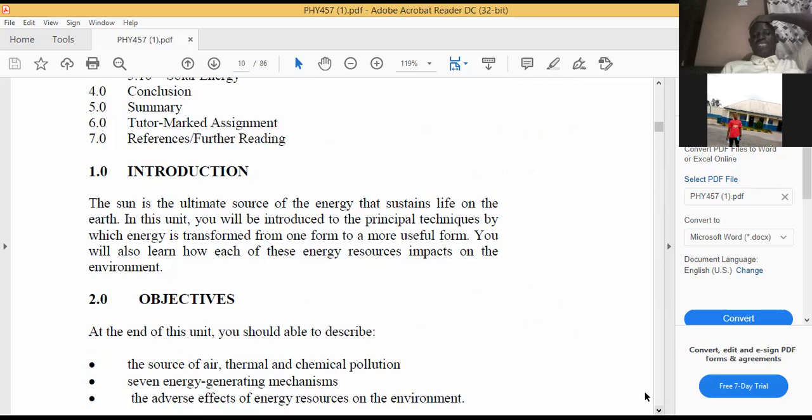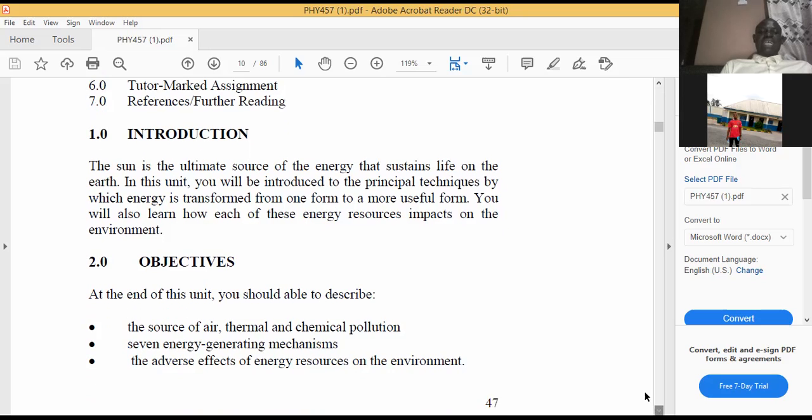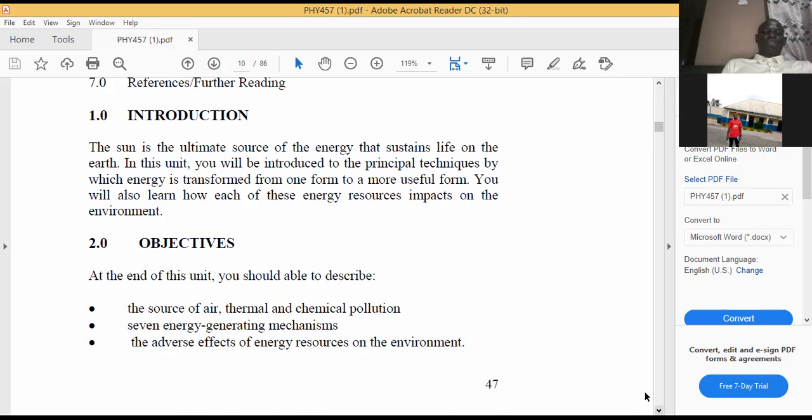Those are the ones you have listed. Then the seven energy generating mechanisms, I've just read it out. Then the adverse effect of energy resources on the environment. We have talked about ozone layer depletion, then the greenhouse effect, and it also causes deforestation. Those are the three. So I've been able to answer all those objectives, intended learning outcomes.